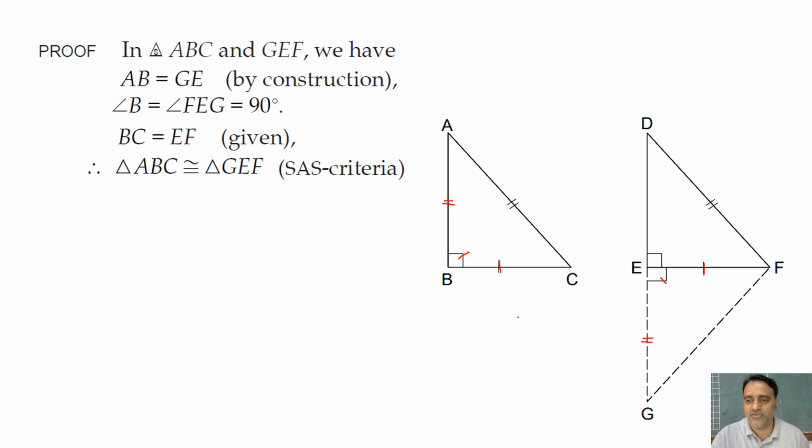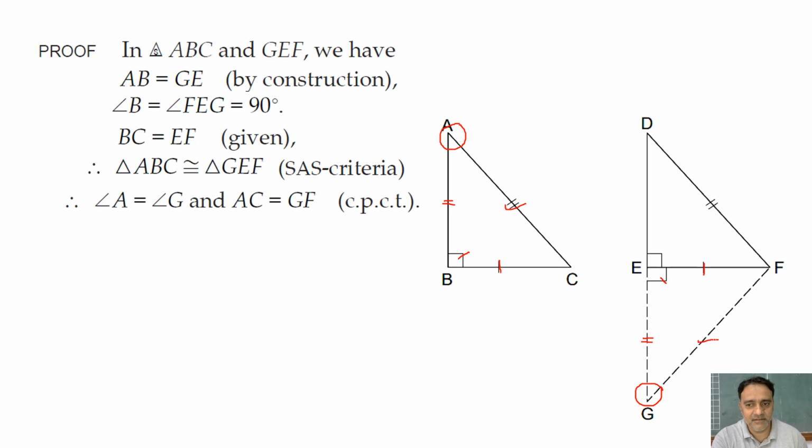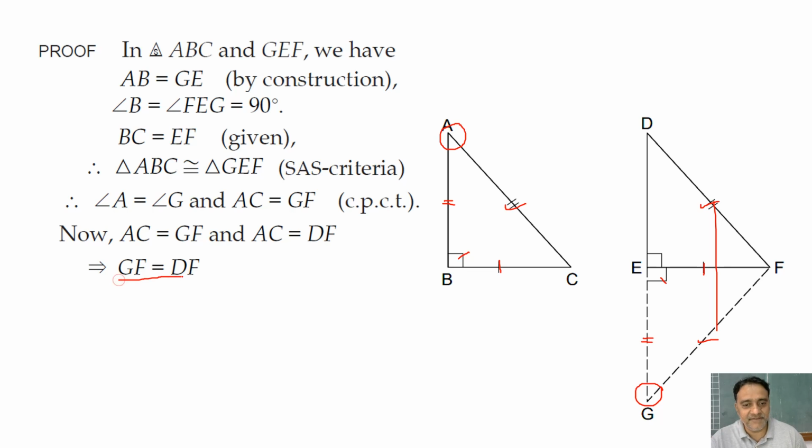Okay, so if these two triangles are congruent, angle A is equal to angle G by CPCT, and AC is equal to GF by CPCT. Any doubt here? No, sir. But AC is equal to what? DF. So these two will also be equal. Clear? Yes, sir. Now, AC is equal to GF and AC is equal to DF will imply GF is equal to DF, and this will imply angle D is equal to angle G. Why?